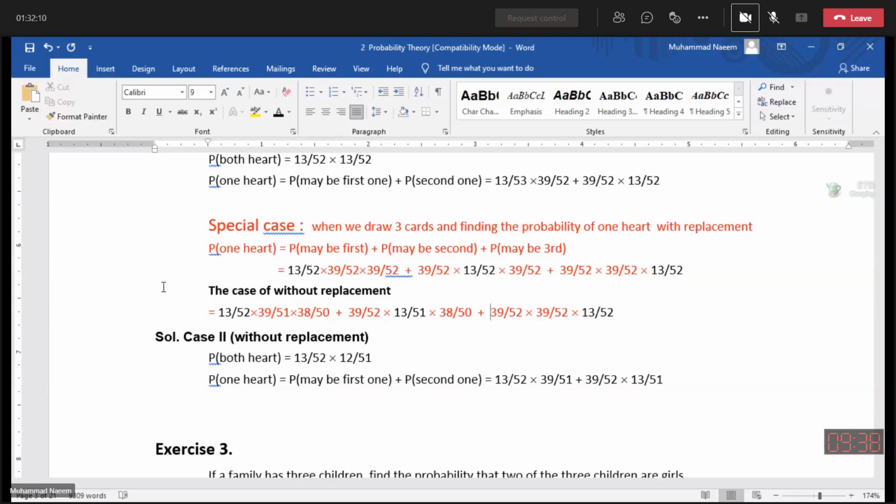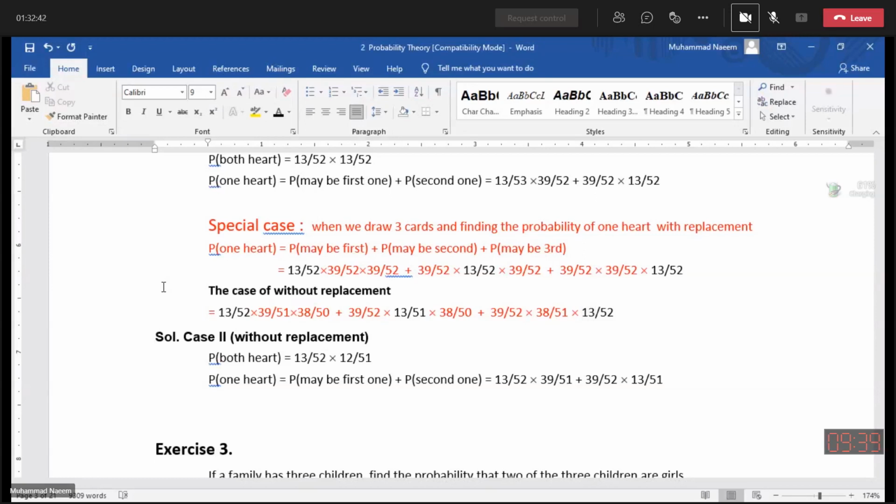What happens with this option? The first one is not a heart. The second is not a heart also. So favorable cases are reduced, and total possible cases are reduced. Now the third one is a heart. 13 are available, because the previous two are from the other category.